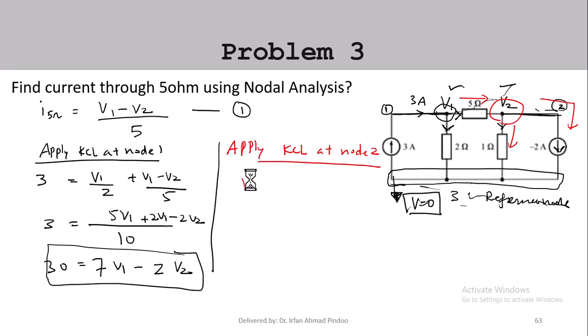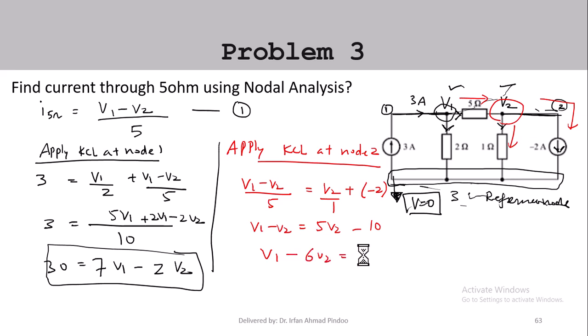So we can write (V1 minus V2) over 5 is equal to V2 by 1 plus minus 2, like this. So we can write V1 minus V2 is equal to 5V2 minus 5 into 2, which is 10. So V1 minus 6V2 is equal to minus 10.